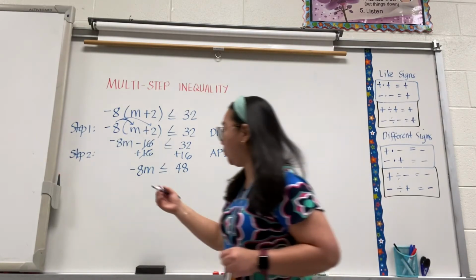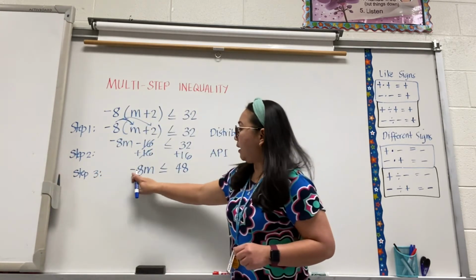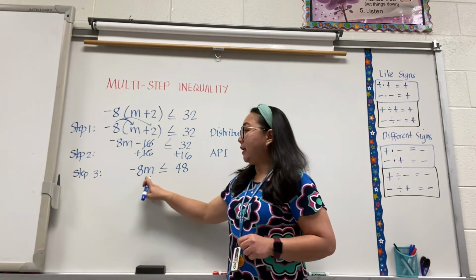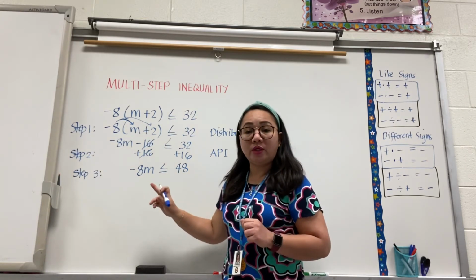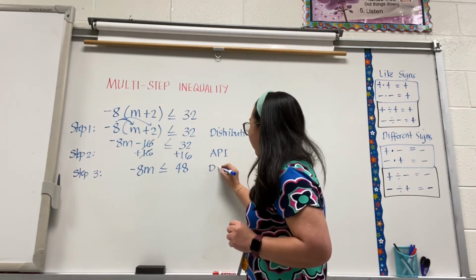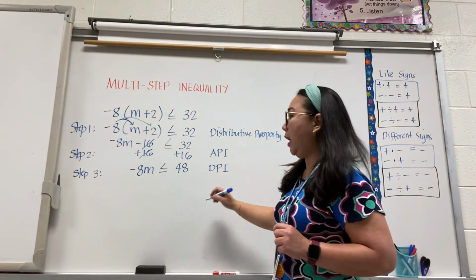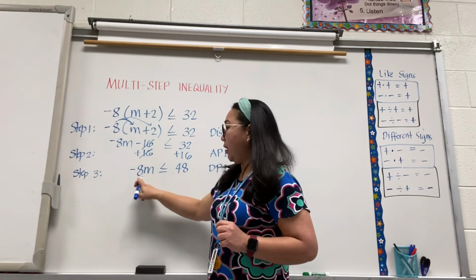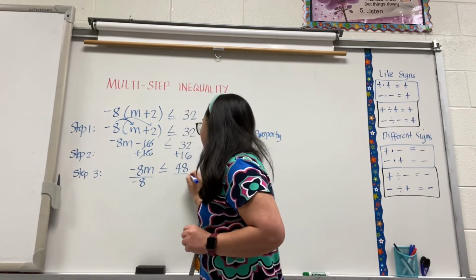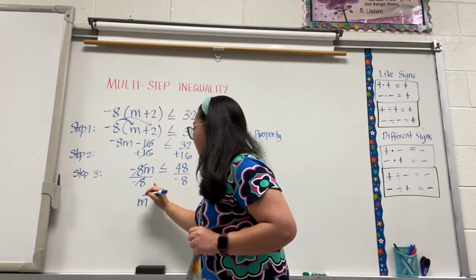So we will now do step number 3. Negative 8 is multiplied by the unknown m. Since it is multiplied, get the inverse, which is the division property of inequality. So in this step, we will use the division property of inequality. The next step is to divide both sides by negative 8. Then cancel this out. So m now is isolated.